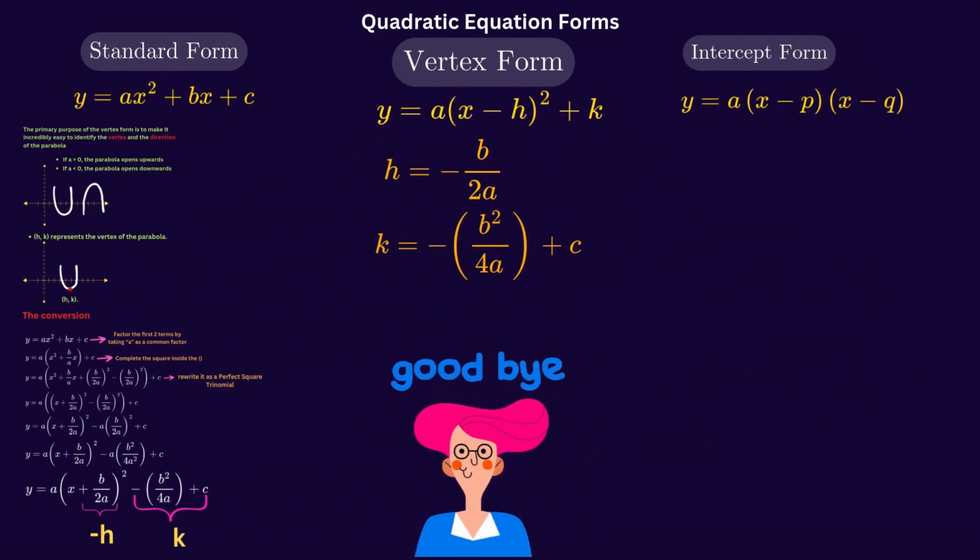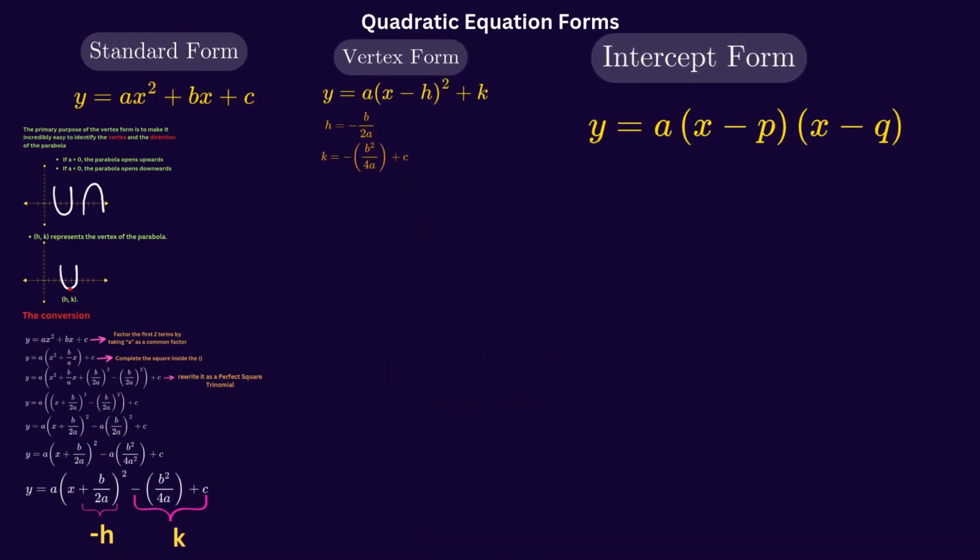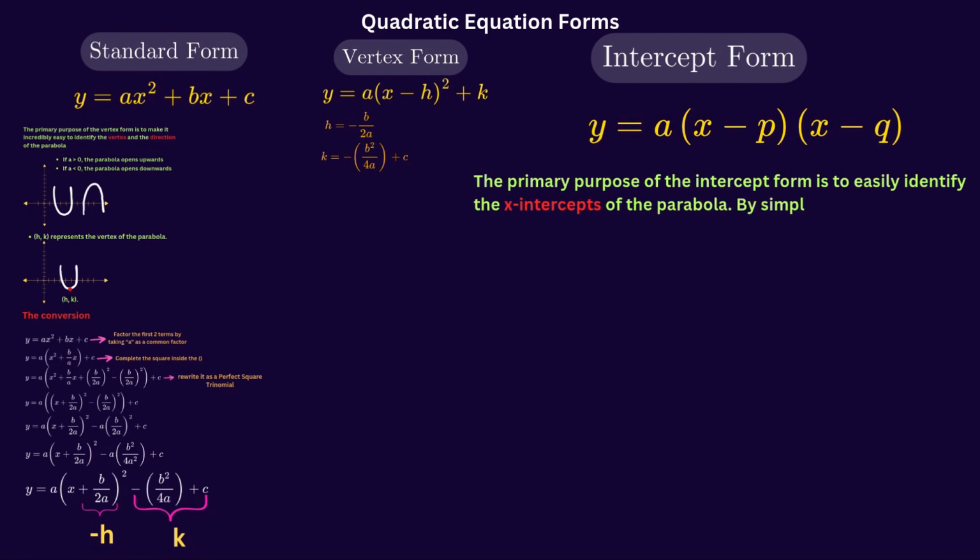Having concluded our exploration of the vertex form, we now shift our focus to the intercept form. This form offers a straightforward approach to understanding a parabola's x-intercepts, which are the points where the graph intersects the x-axis. The intercept form, as its name suggests, directly reveals these intercept points by simply examining the equation.